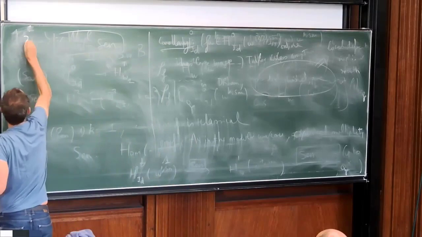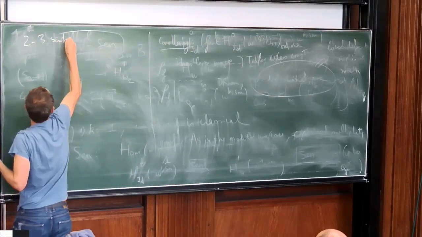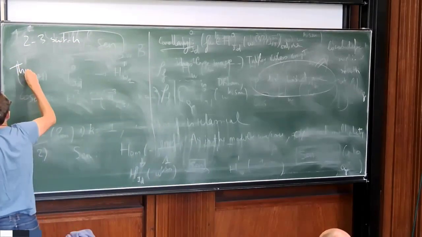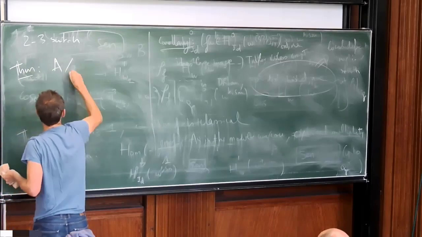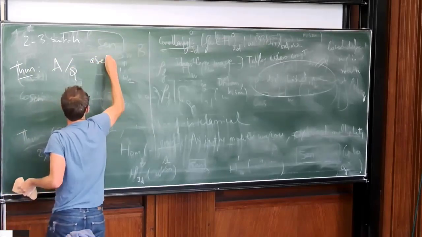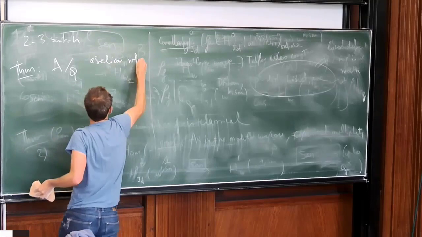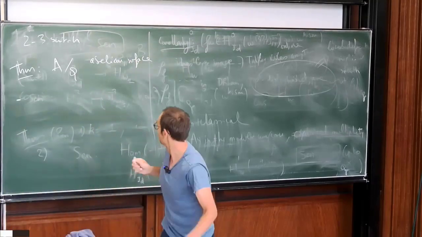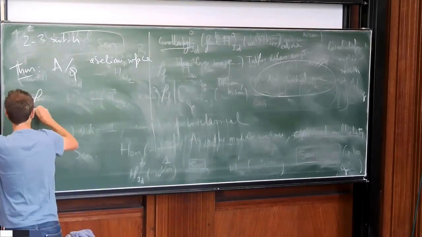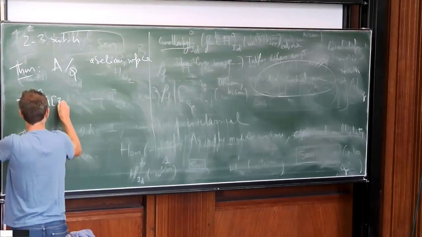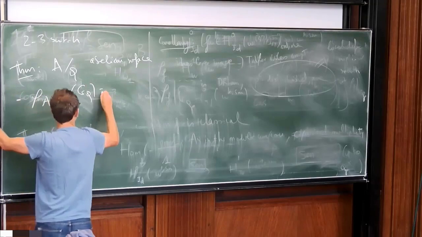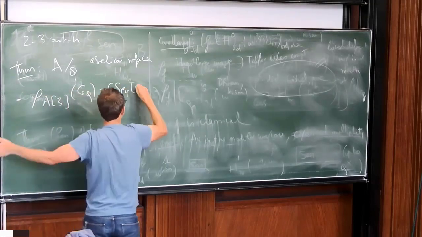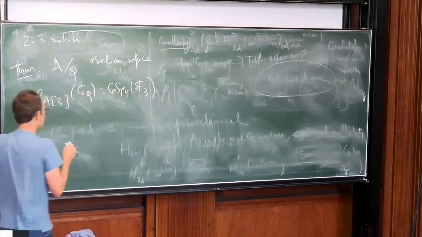So now we do some 2-3 switch, and so here is the theorem. You take A over Q, an abelian surface. There are some obvious assumptions. The first assumption is that the image of Galois on the 3 torsion should be big.